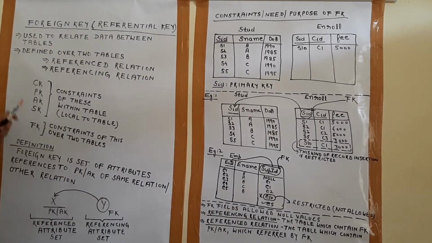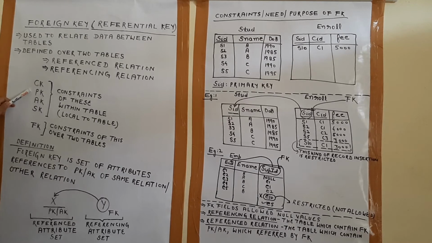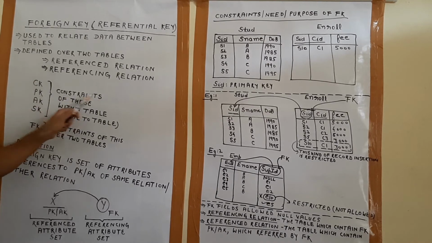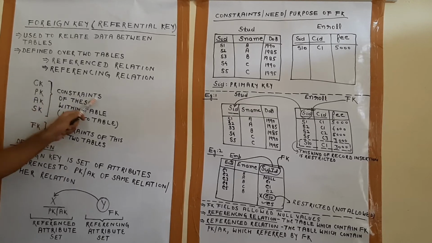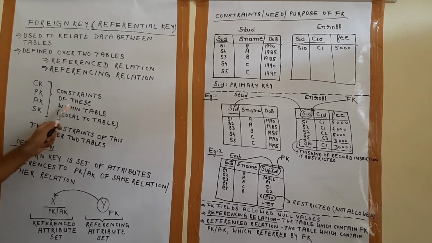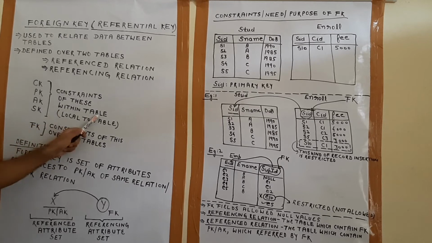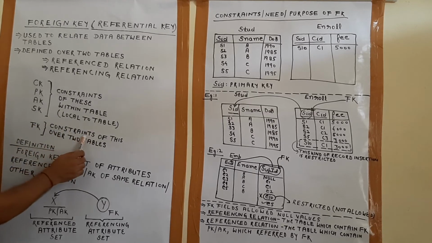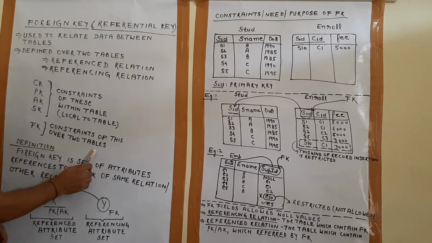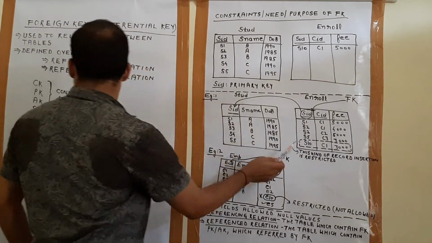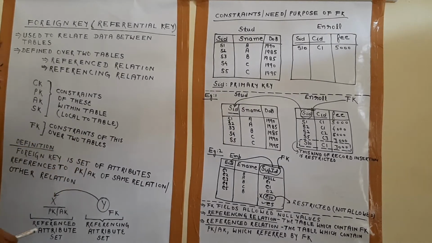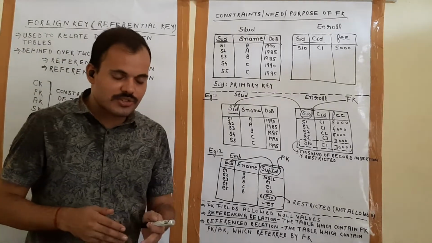Understood? And see, candidate key, primary key, alternative key, and super key: the restrictions of these are within a table, local to the table, but foreign key constraints are over two tables. Constraints means restrictions.